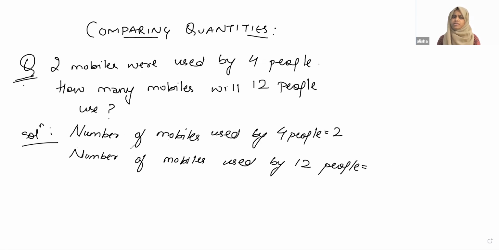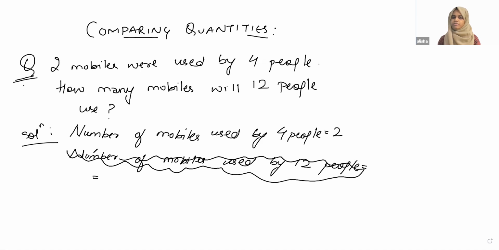Number of mobiles used by 12 people is equals to what? How will we do it? First we'll calculate the number of mobiles used by one person, okay? We'll first find the number of mobiles used by one person. Cut down this statement, we'll write this later, okay? Cut it down.